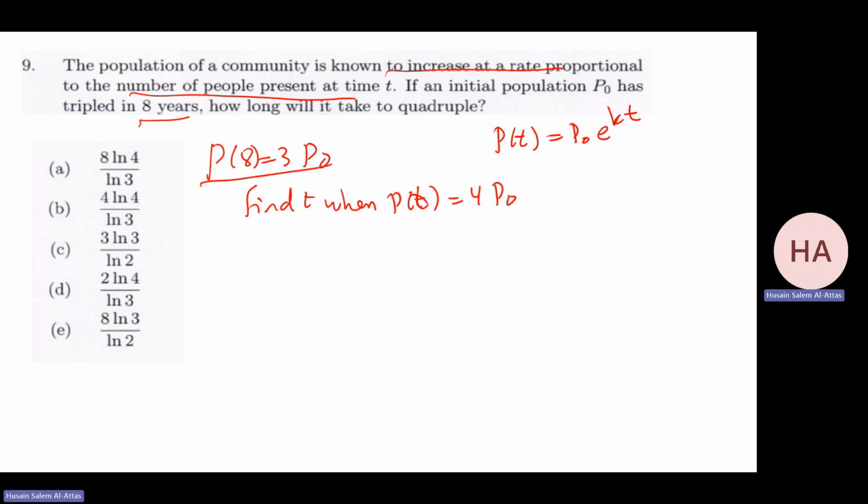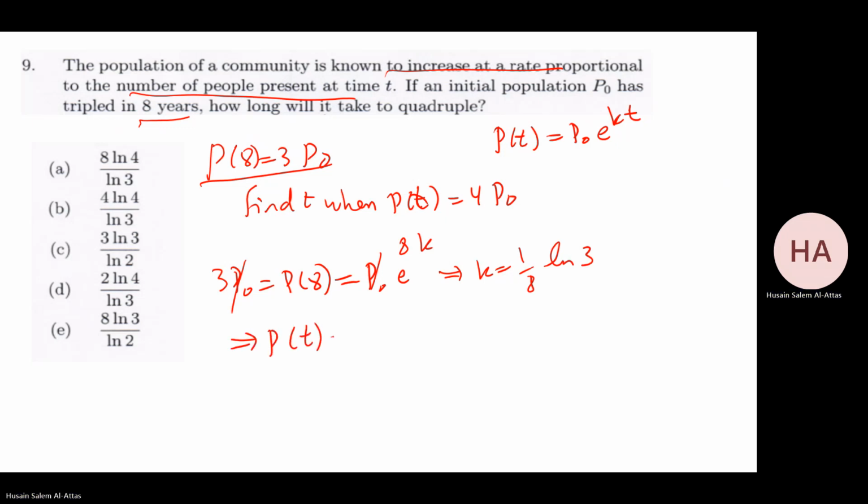Okay, so I'll use this. I have 3P0 equal P of 8 equal P0 e^(8k). Cancel. Take ln. So k equal what? 1/8 ln 3. So P of t will be P0 e^(t/8 ln 3).